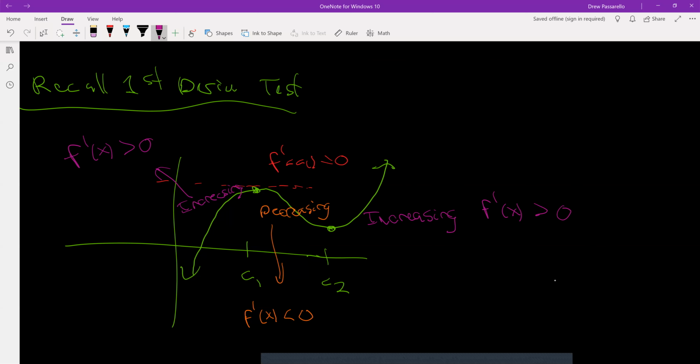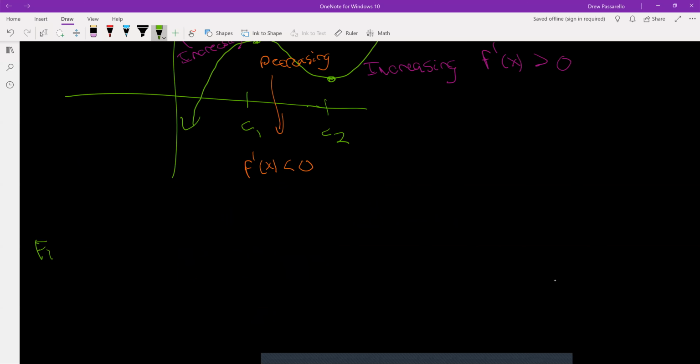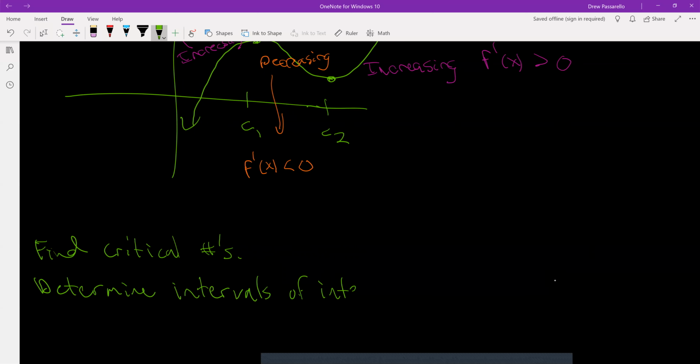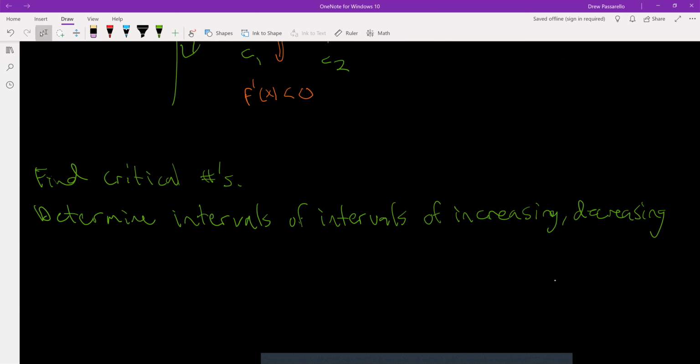All right, so what we're going to see is, we find our critical numbers. Okay, we've already done that. Then we need to determine intervals of increasing and decreasing.